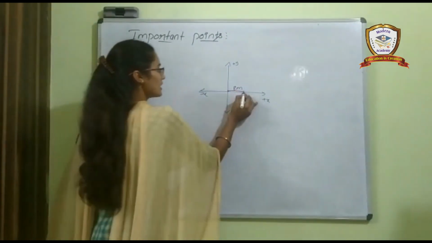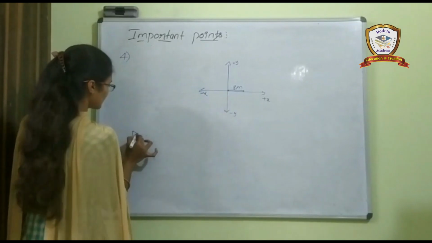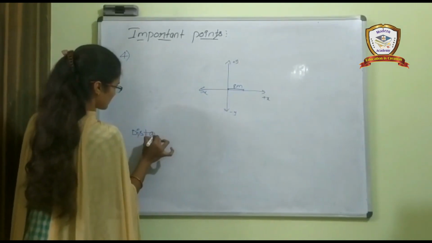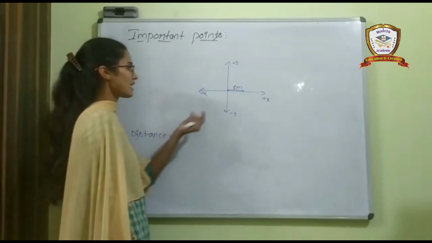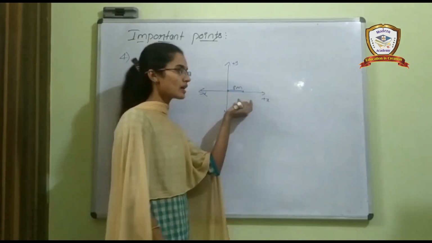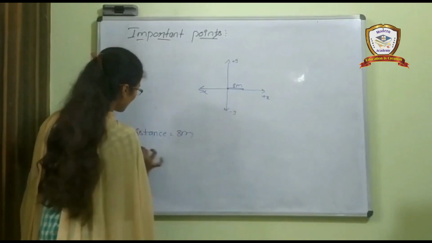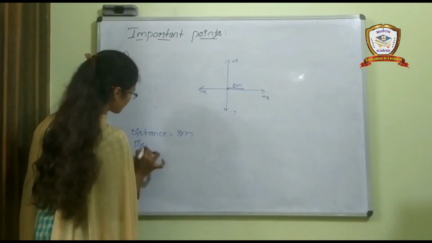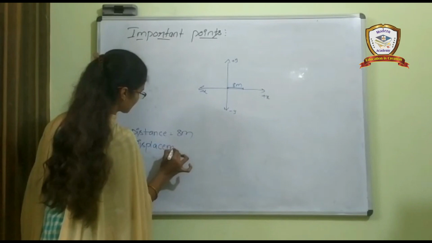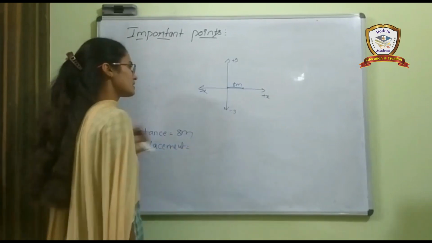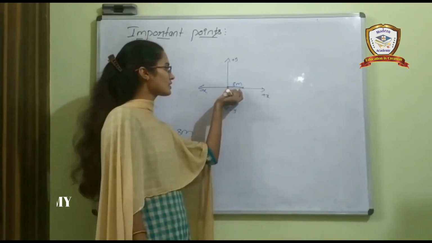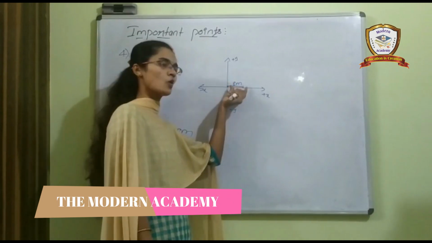Can you say what is the distance and displacement now? Distance is equal to the actual length of the path covered by a moving body. How much length he covered? 8 meters. And how much displacement? Displacement is also 8 meters, because the shortest distance between initial and final point is 8 meters.